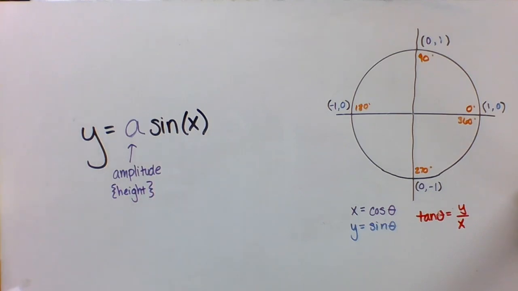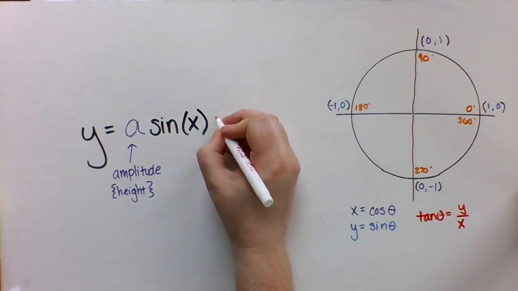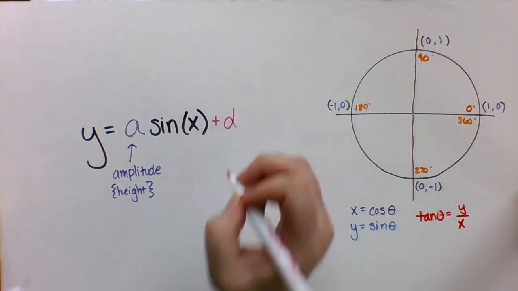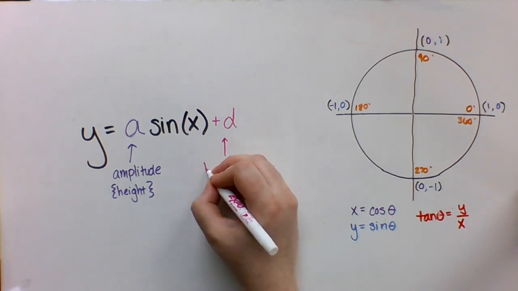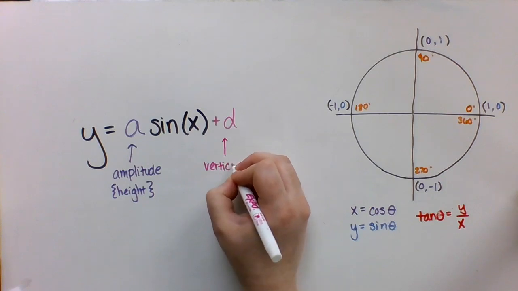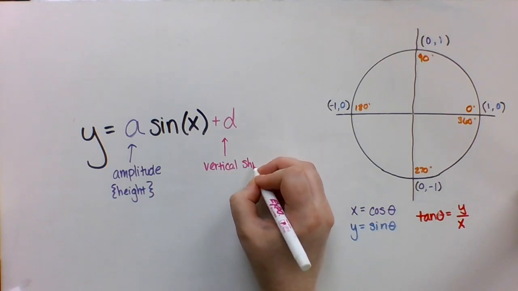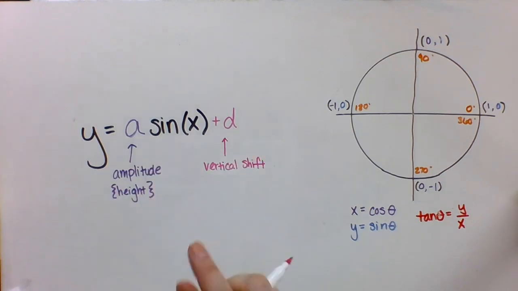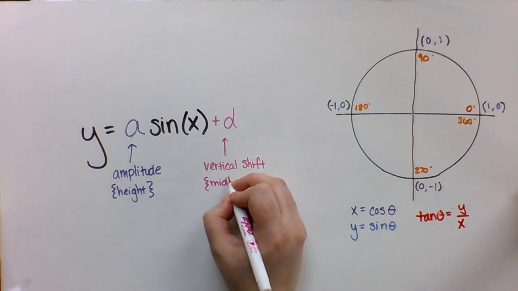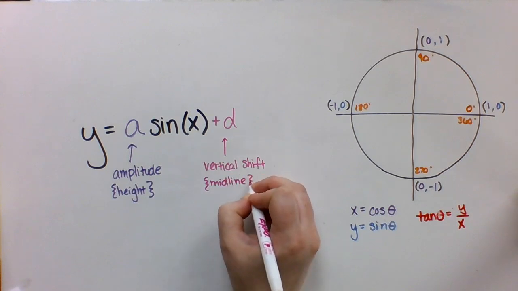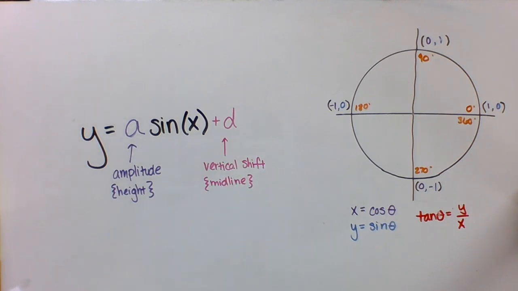And then if you have a value attached on at the end, like added or subtracted on at the end like that, that is going to do what we call a vertical shift. So you will take all of the points for sine or cosine and you will move them this many units. And then really what that is doing is it is making a new middle or a new midline on your graph.